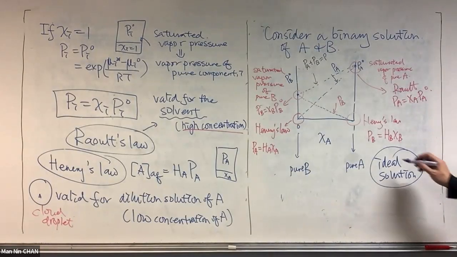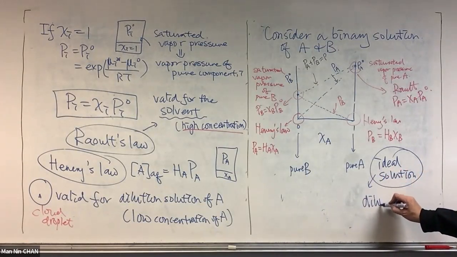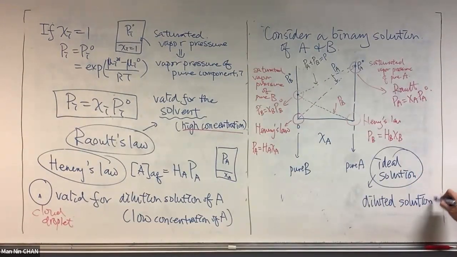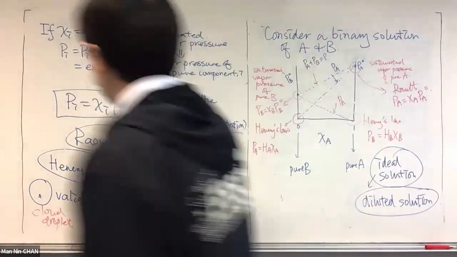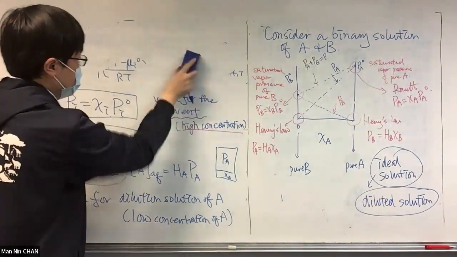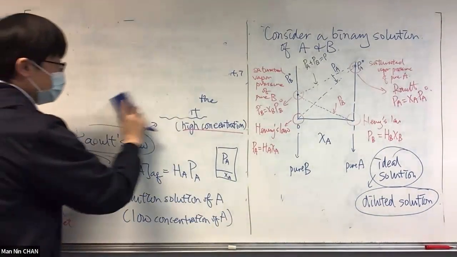Usually this is good for an ideal solution, in the dilute cases, where you can assume you have an ideal solution. But in the atmosphere, for example, we talk about aerosol. An aerosol can be a droplet, an aqueous droplet.